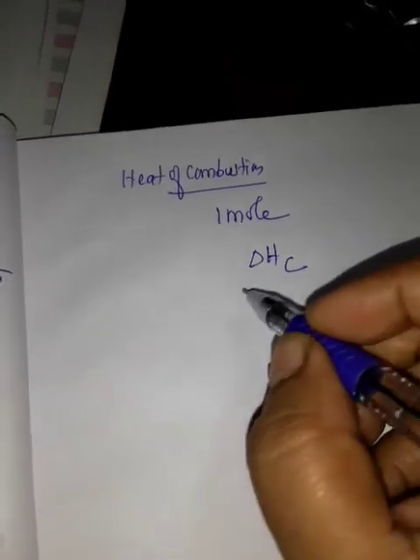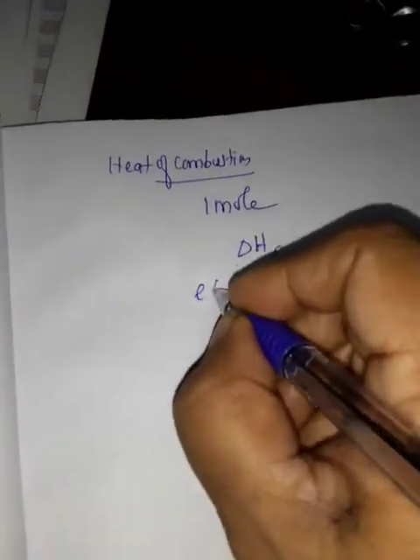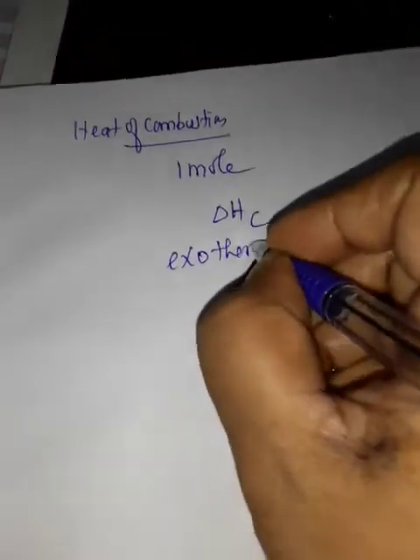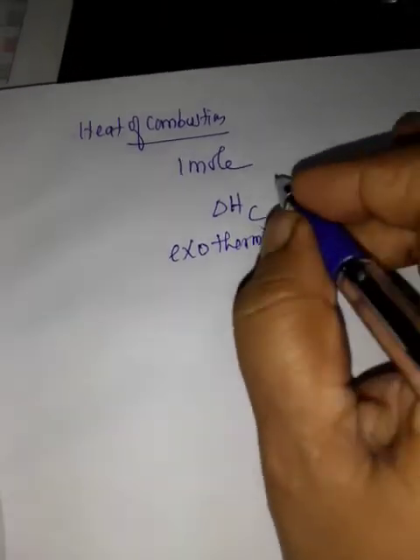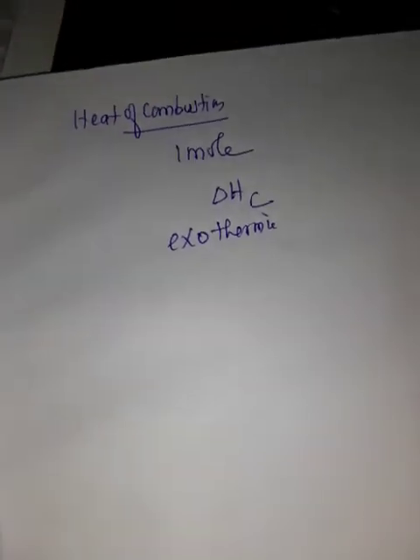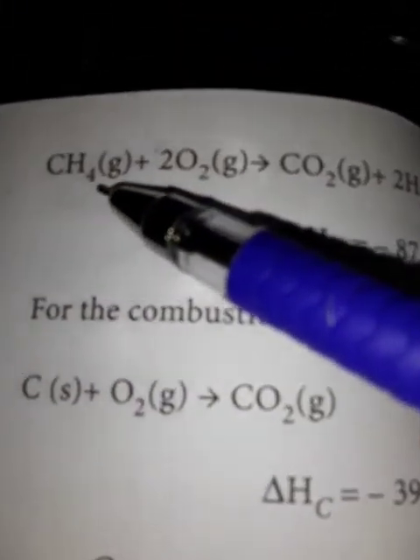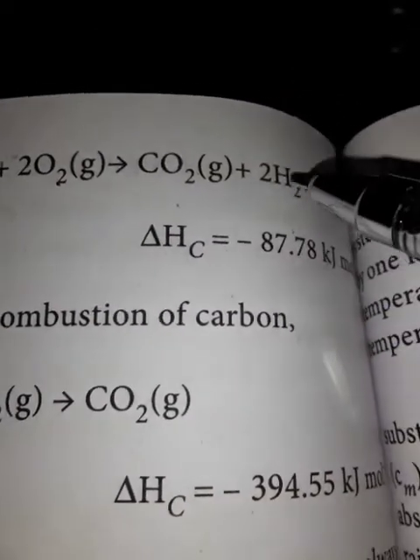Combustion reactions are always exothermic. They won't be endothermic, always exothermic. So the enthalpy change is always negative. For example, the heat of combustion of methane, you can see in the book. Methane, CH4, on burning with oxygen forms CO2 and water.